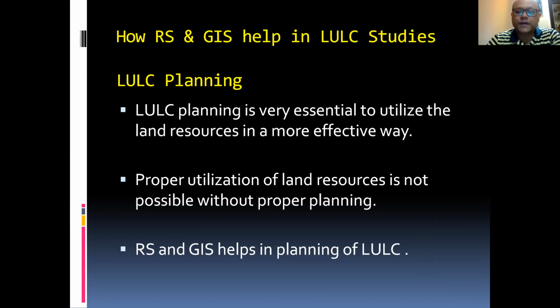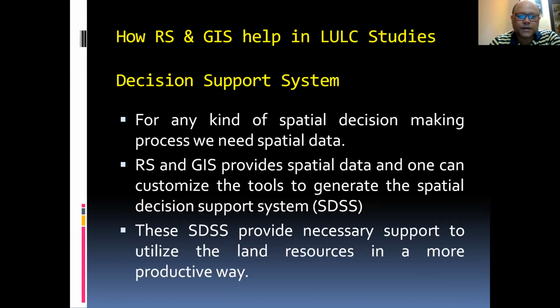Proper utilization of land resources is not possible without proper planning. Remote sensing and GIS help in planning of land use land cover and the different categories of land use land cover.